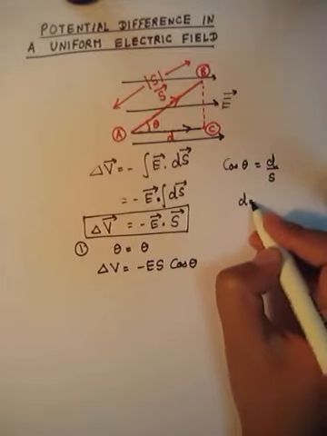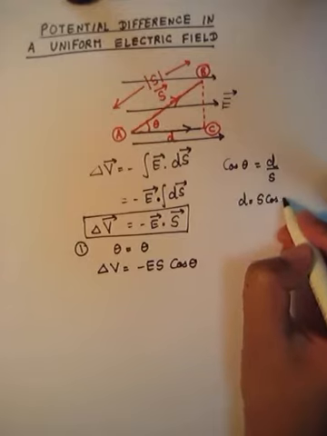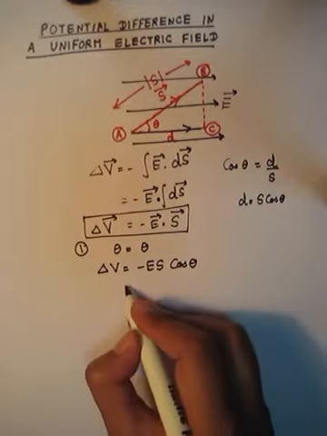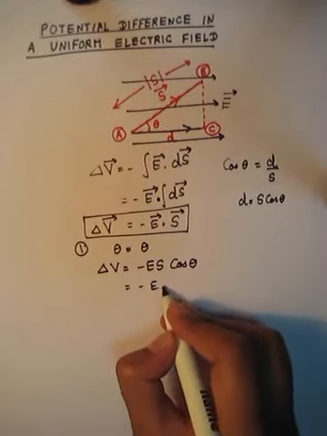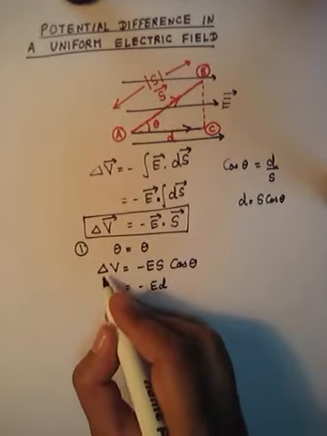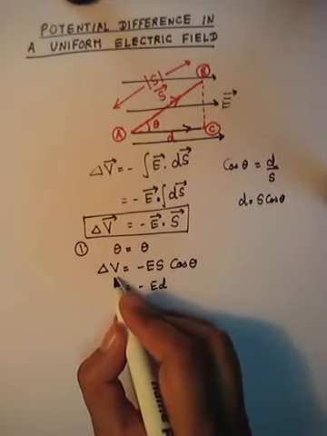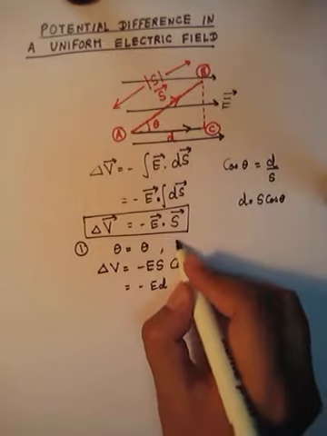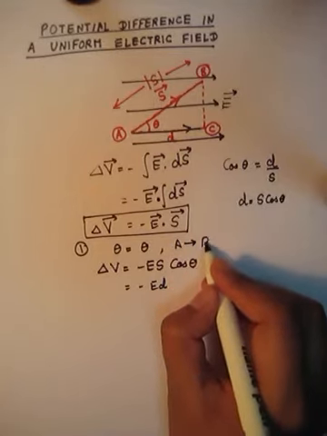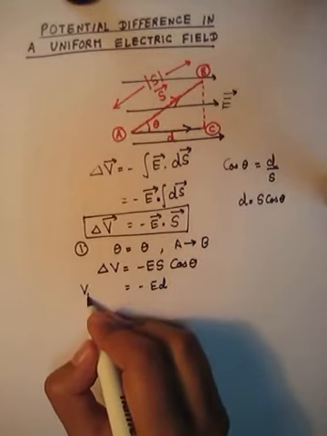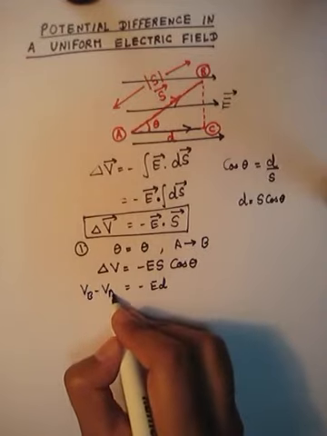So d will be equal to S cosine theta. So let us replace it here, and what we get is minus Ed. And what is delta V? When the angle is theta, it means that we are moving from A to B. So it will be VB minus VA.